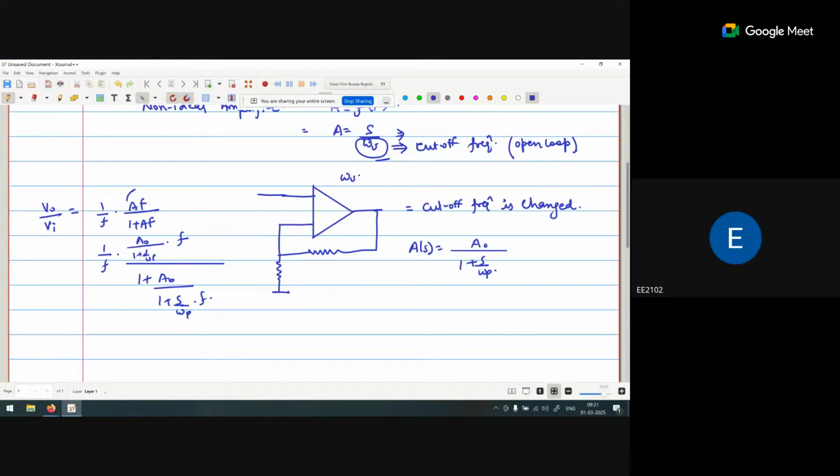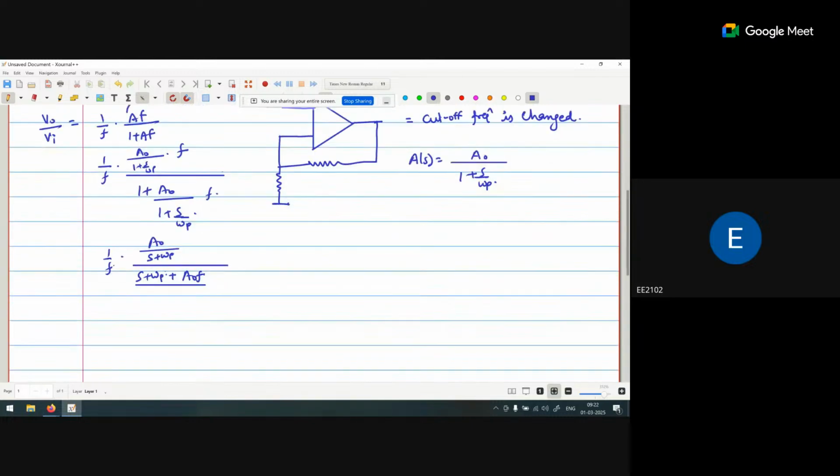If I take omega p as the LCM, so 1 by f, A naught upon s plus omega p, whole divided by s plus omega p times A naught f upon s plus omega p times omega p.